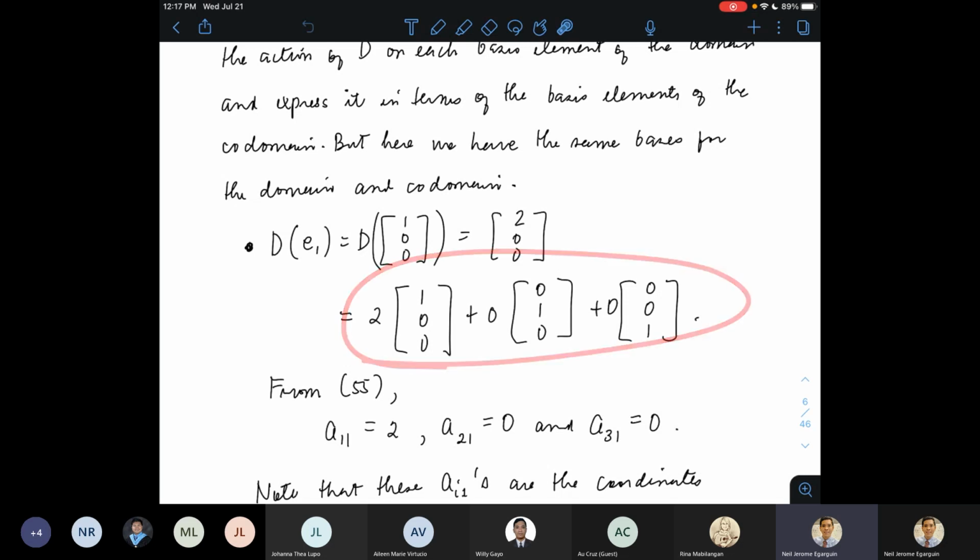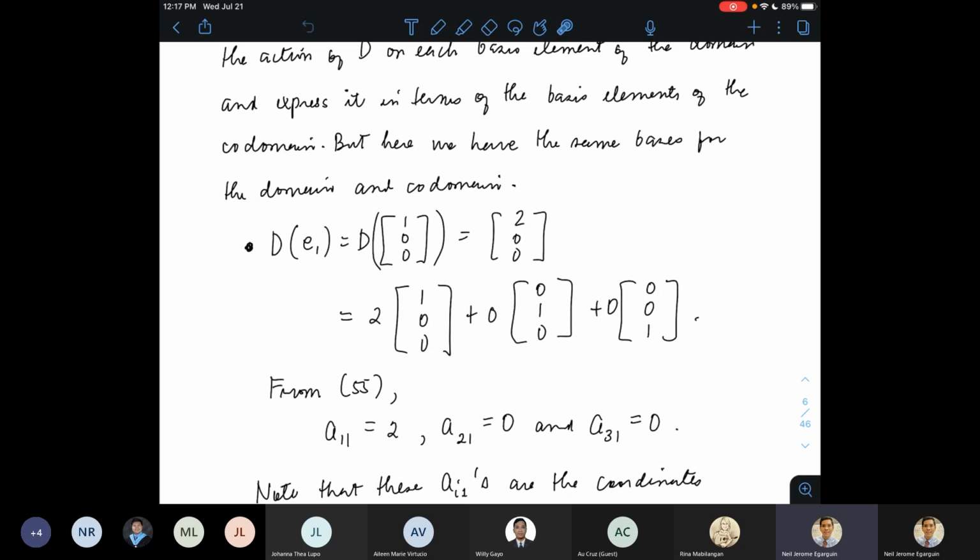So the expansion of 2, 0, 0 with respect to the canonical basis for the codomain is this guy. All right. And then, according to definition 55, the AIJs will be the coordinates of the image of basis elements. So here we see the coordinates of the image of basis element E1 are 2, 0, 0.